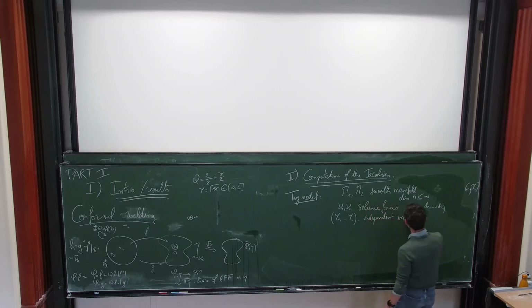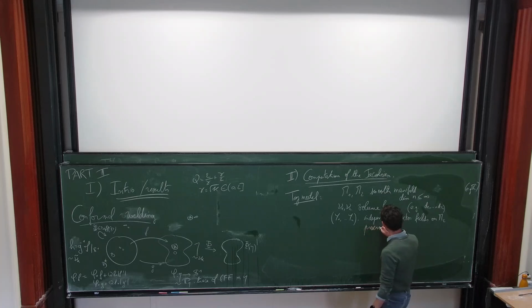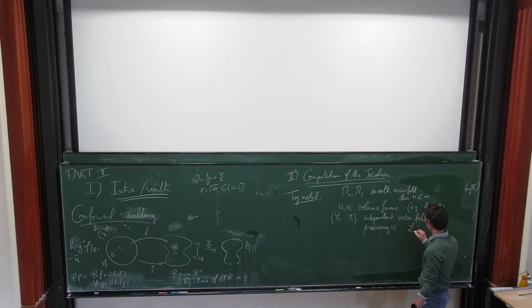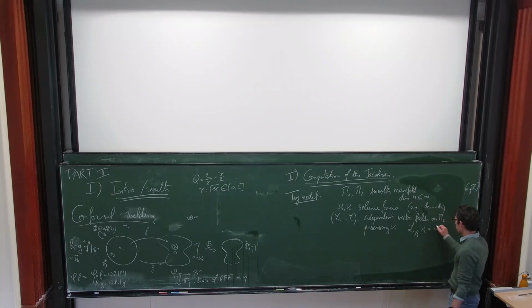So if you wish, a tangent frame y_j on M2 that preserves mu2, i.e. the Lie derivative of mu2 with respect to yj is equal to 0.